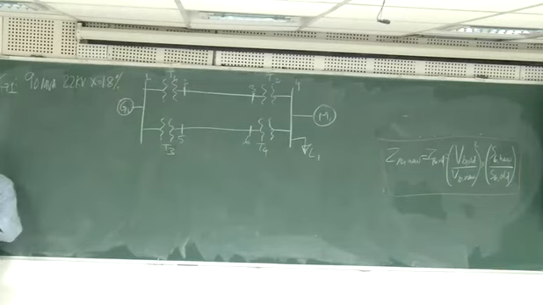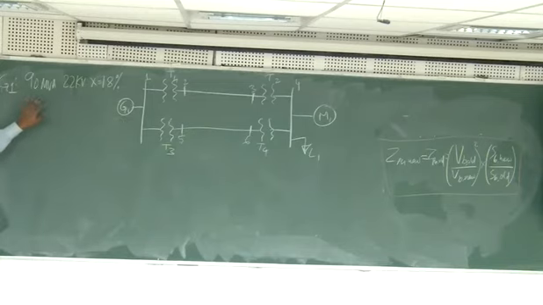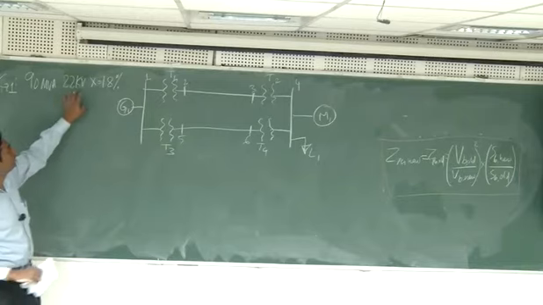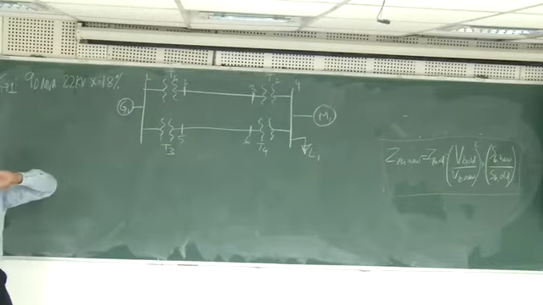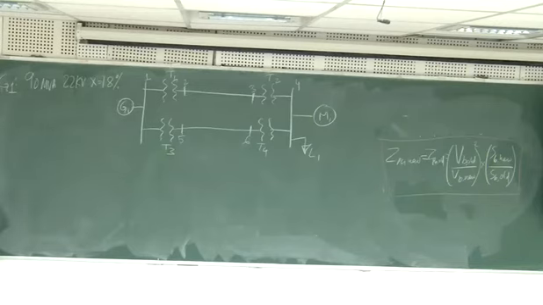Whoever has manufactured this generator, they manufactured it for the rating of 90 MVA with the voltage rating of 22 kilovolts, and their reactance is 18% or 0.18 per unit, taken on the base of their ratings. The actual ohms you can always calculate, no problem. So that is for G1.